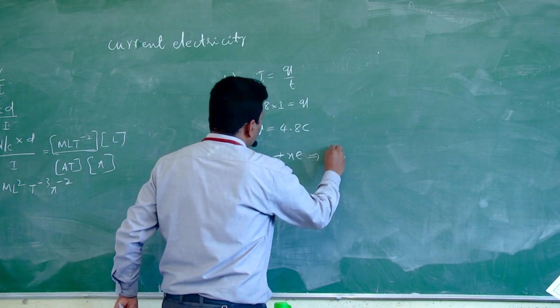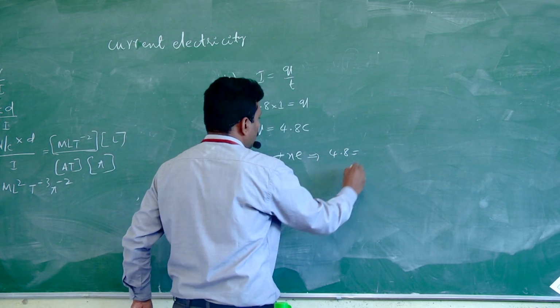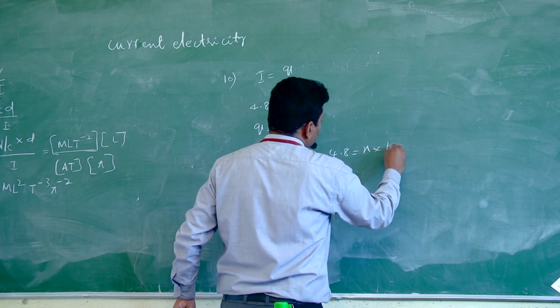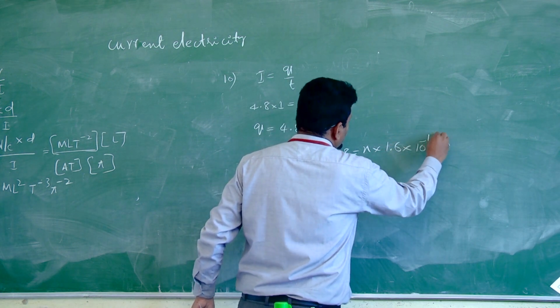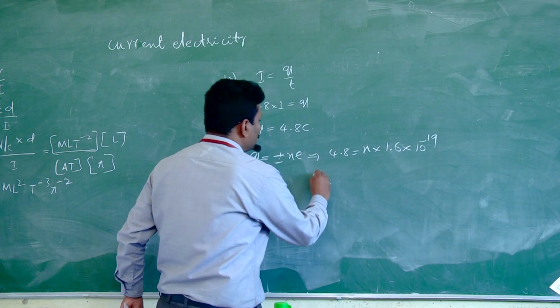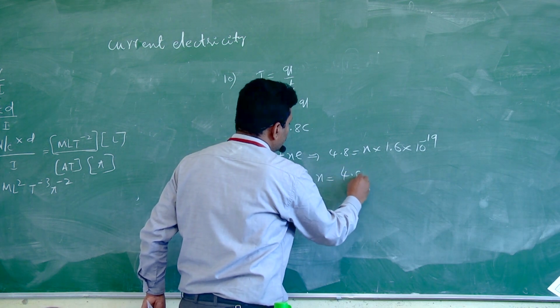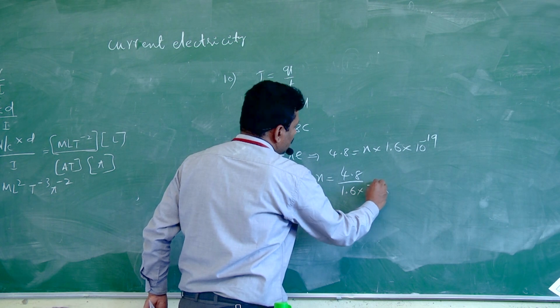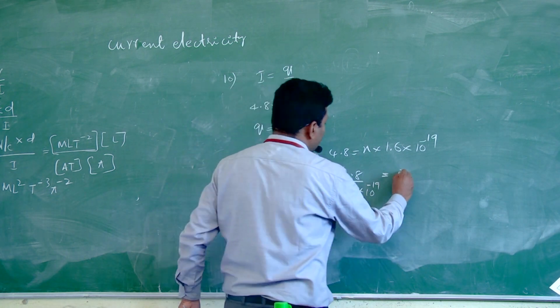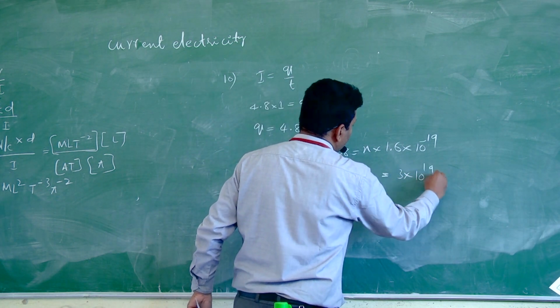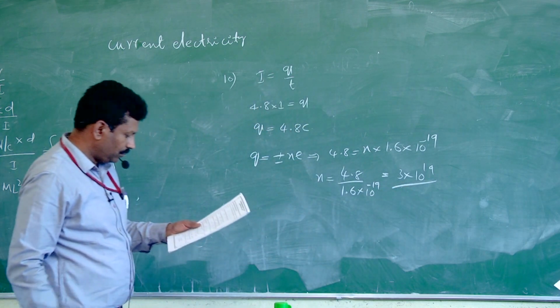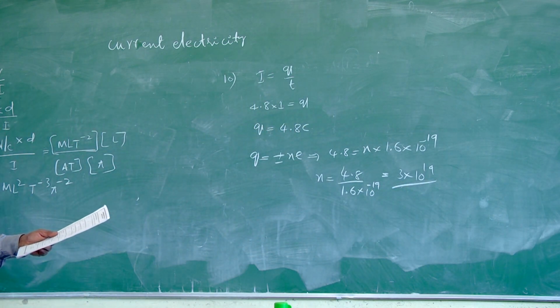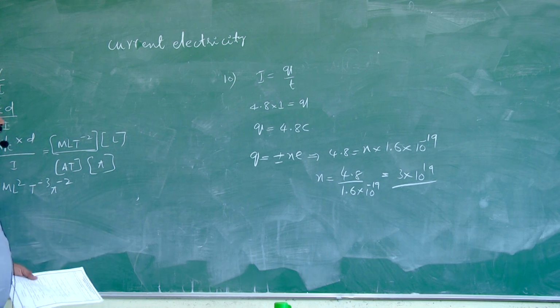Therefore Q is 4.8, n into what is the charge? 1.6 into 10 to the power minus 19. So n is equal to 4.8 divided by 1.6 into 10 to the power minus 19. So this is 3 into 10 to the power 19. Option number A.